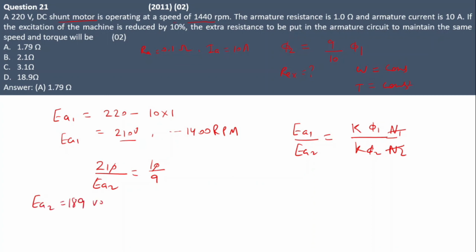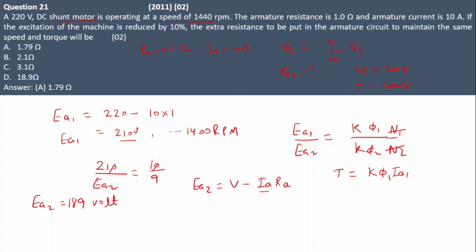189 volt. Once you know Ea2, you can find out how much resistance you have to add in the circuit, Ea2 equals V minus IaRa. So Ia, you need Ia. Torque T equals K phi1 Ia1.